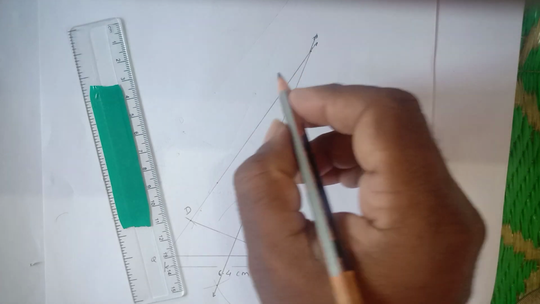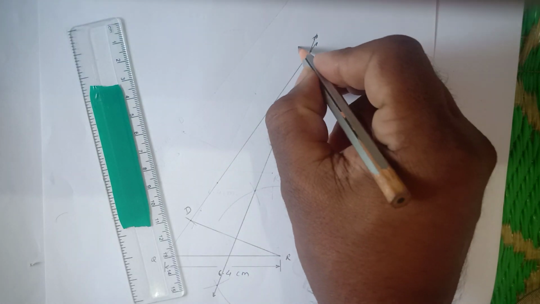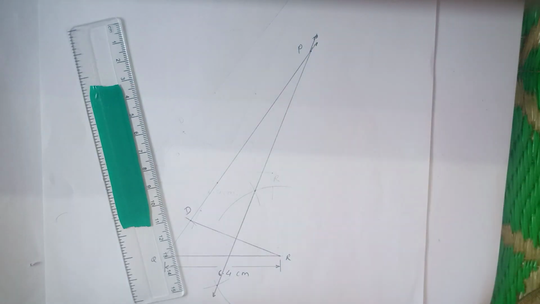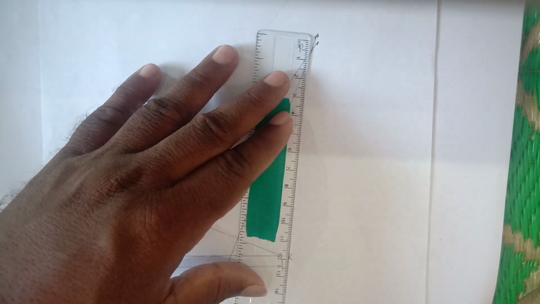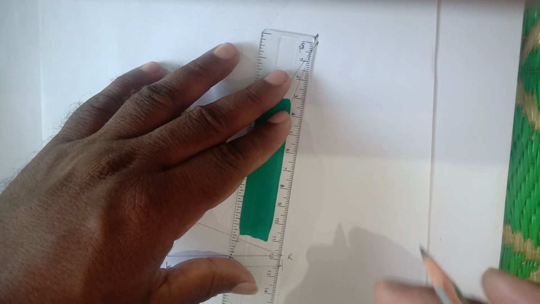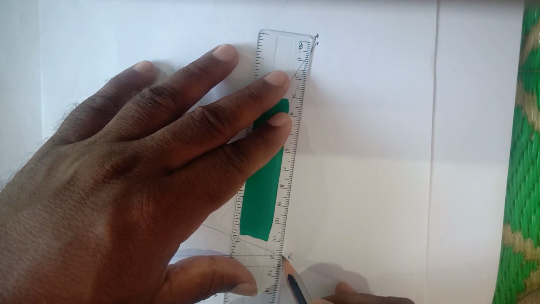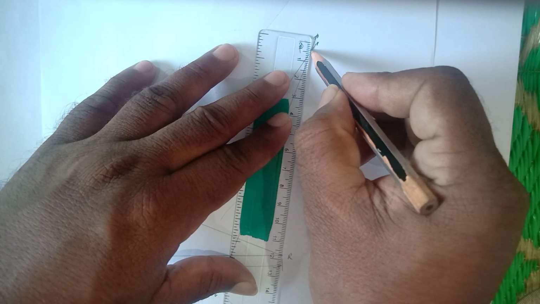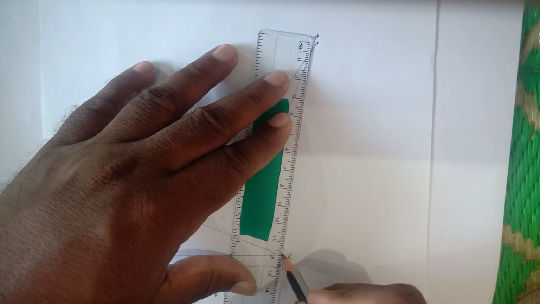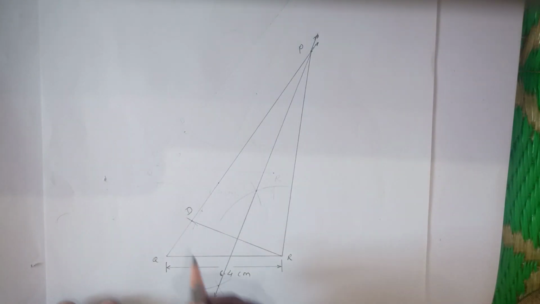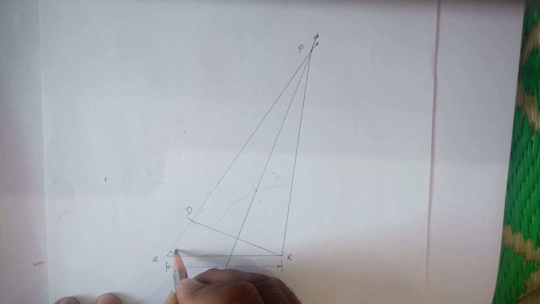Now this is point P. Now join PR. This angle is 55 degrees.